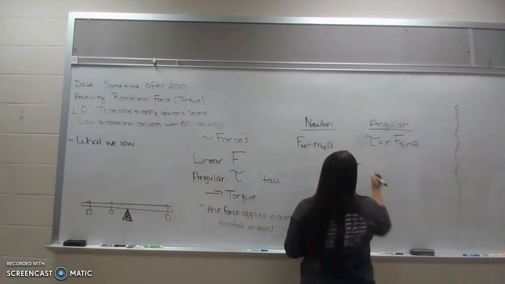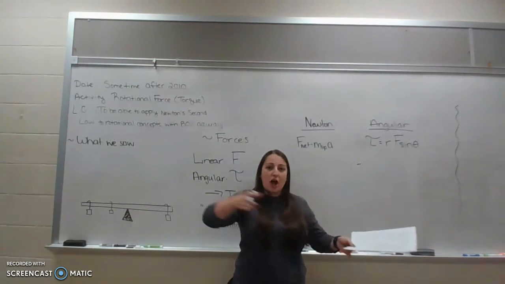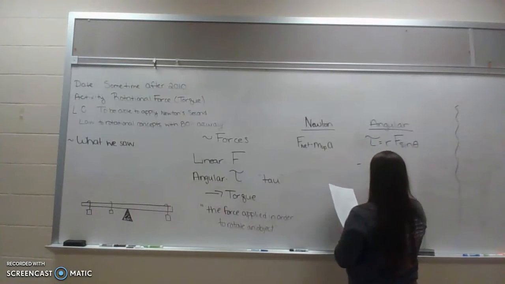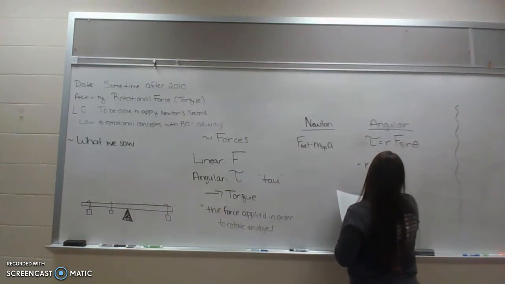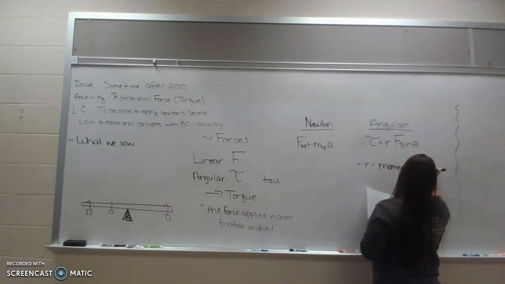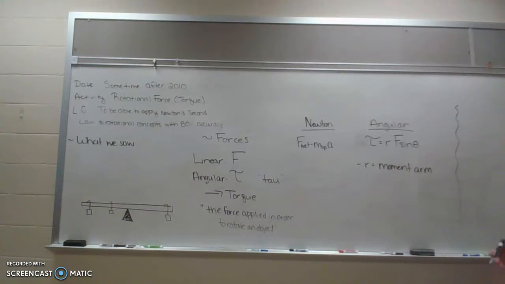So the R, which really we just call the radius of whatever object you are using in order to turn, does have a different name. It is called the moment arm, or sometimes you hear it as the lever arm, or sometimes you really just call it the radius.